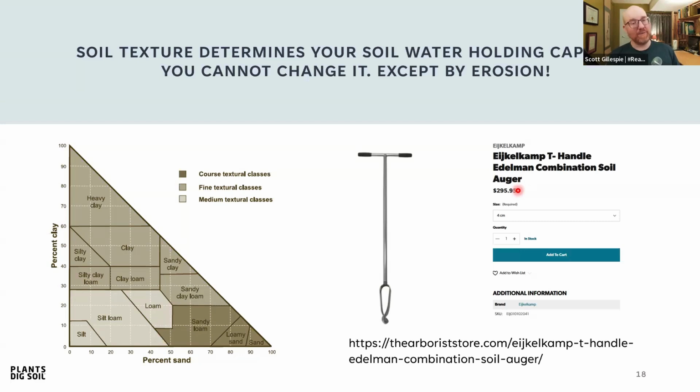What did I have here? Okay, the 4 centimeter size, because you don't need a lot of soil. You just need to pull up soil. You might as well go with the smaller one, and that also holds sandy soil better when you're pulling it up.